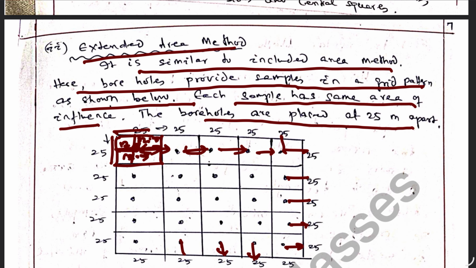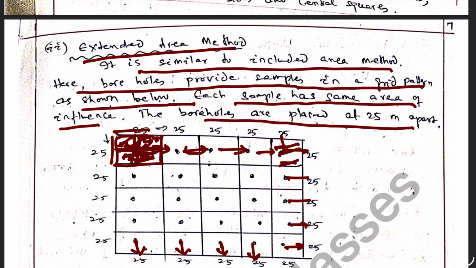That's why it is called the extended area method. The consistency of the sample is found to be uniform for this whole block.